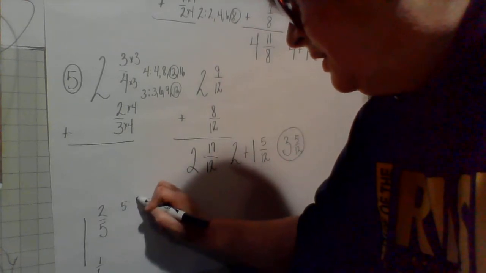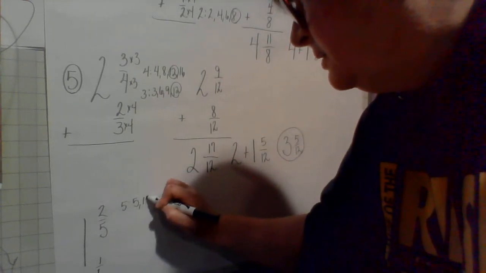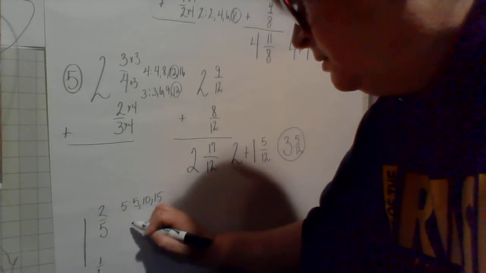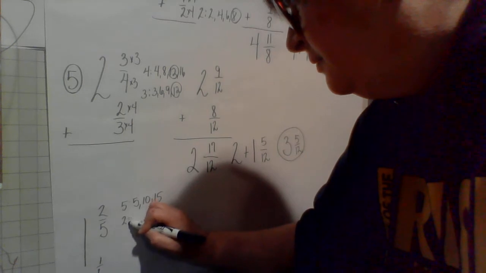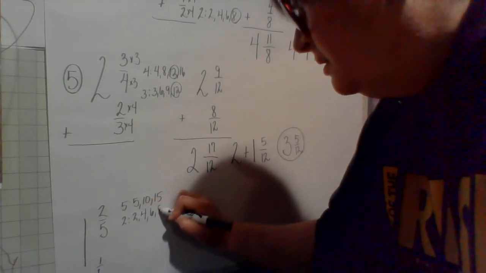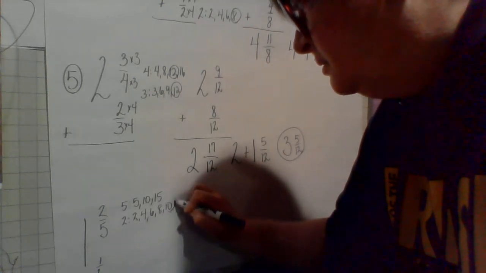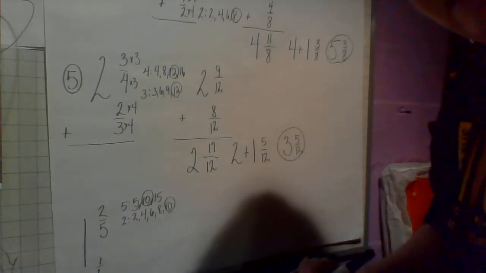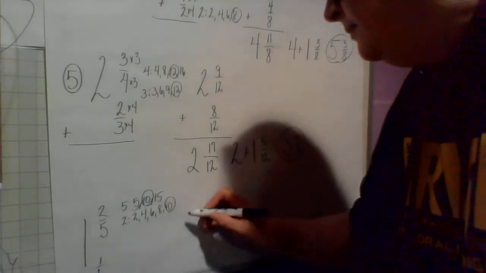Okay, so we have 5, 10, 15. 2, 4, 6, 8, and 10. Whoops, 10. So 10 is going to be our common denominator.